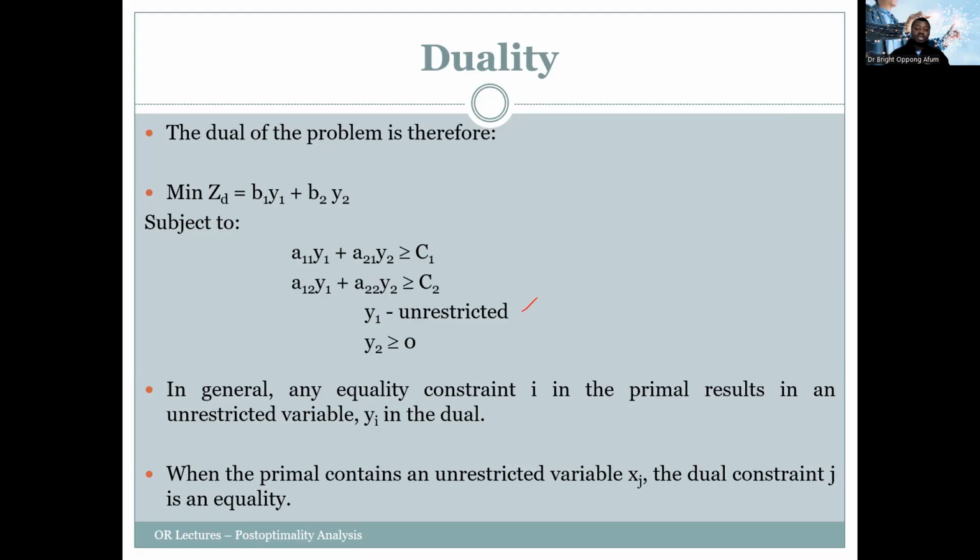Assuming we have this as our primal and there is an indication of unrestricted value, then when we create the dual form from any problem which has that equality, it will surely be unrestricted, right?